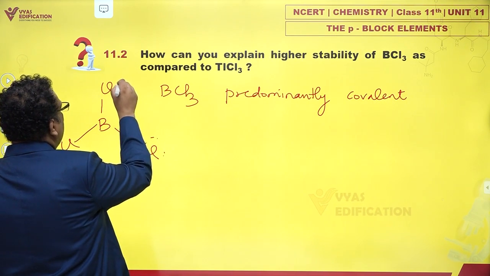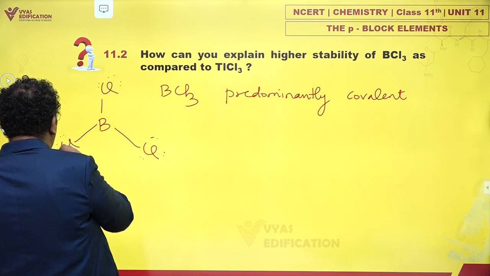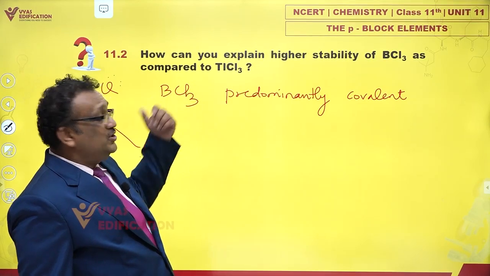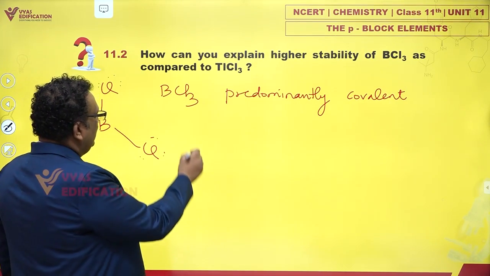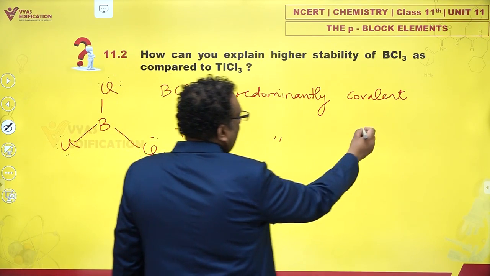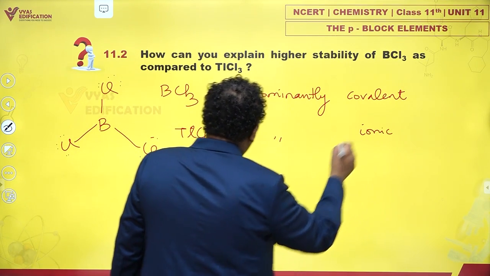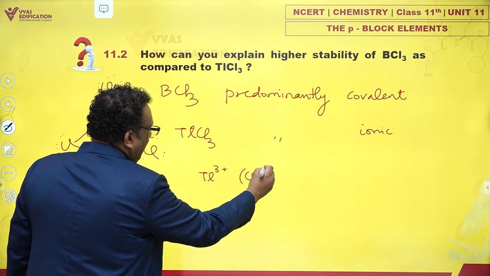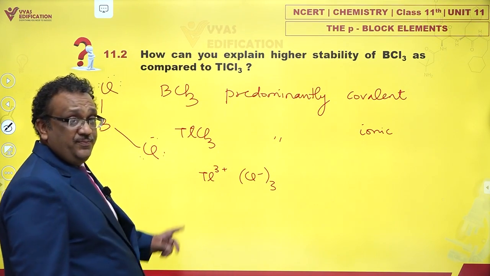It is beautiful, it is lovely, it is a non-metal chloride, and it is what it is. It's fine. In case of TlCl3, TlCl3 is somewhat ionic. So it involves Tl3+ ions and 3 chloride ions.